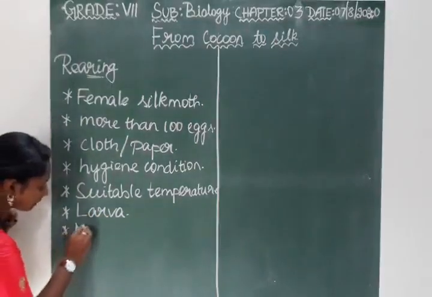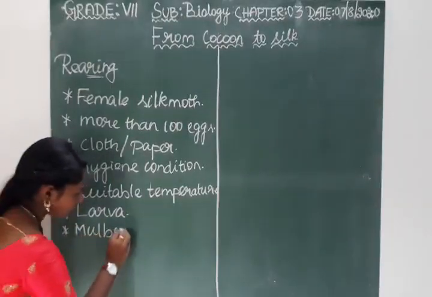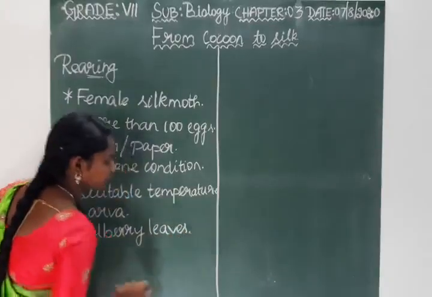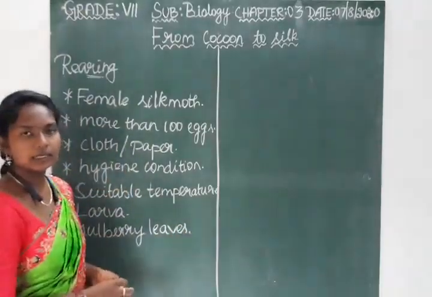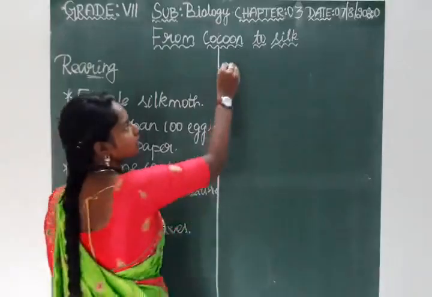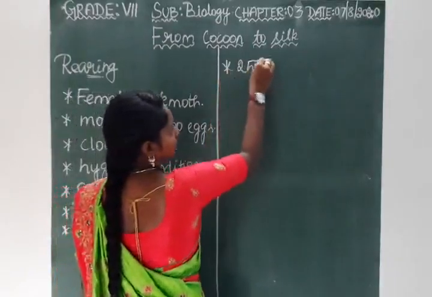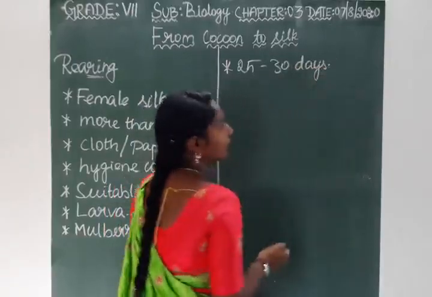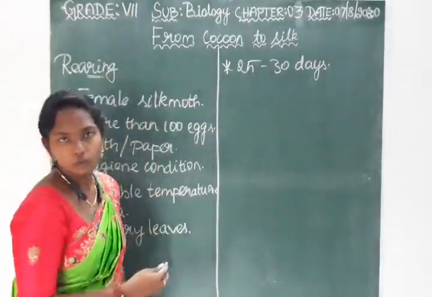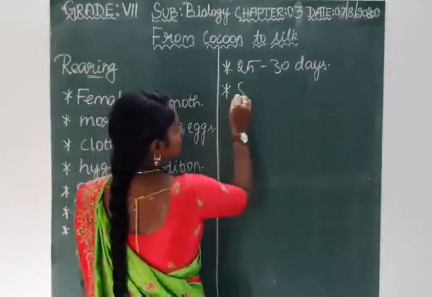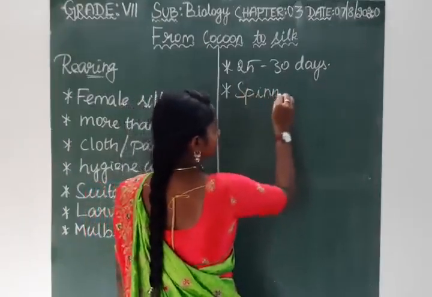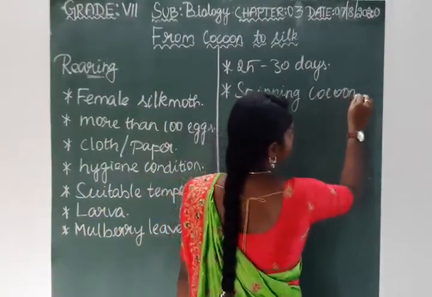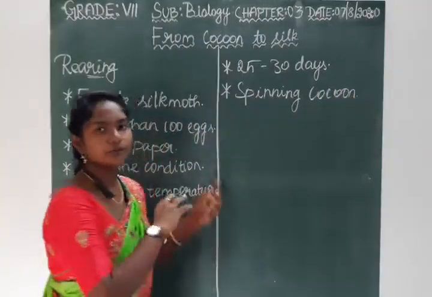They feed on these mulberry leaves, and after 25 to 30 days, they start to spin the cocoon. So this is the process of rearing.